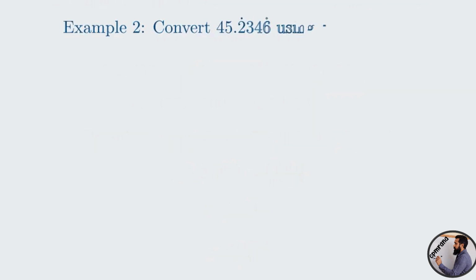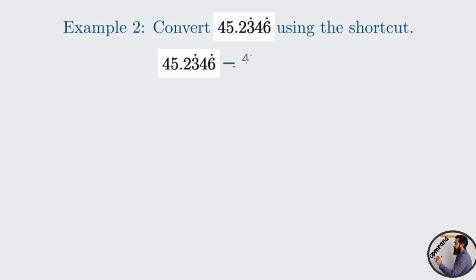Now, let's look at a much faster shortcut method. We want to convert 45.2346, where the digits 2 through 6 recur. The formula is the full number without decimal points minus the non-recurring part, all divided by as many 9s as there are recurring digits, followed by as many 0s as there are non-recurring digits after the decimal.